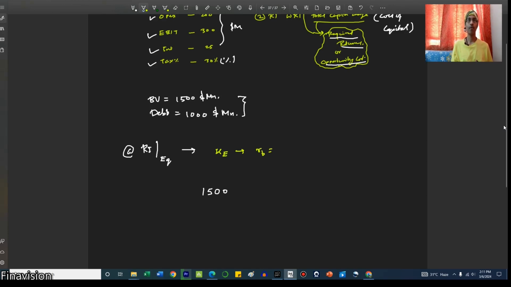We have a risk-free rate of 5%, a market premium of 6%, and the beta of this business is 1.1. Now the cost of equity from this becomes 5% plus 1.1 times 6%. The value becomes, let's calculate it, guys.